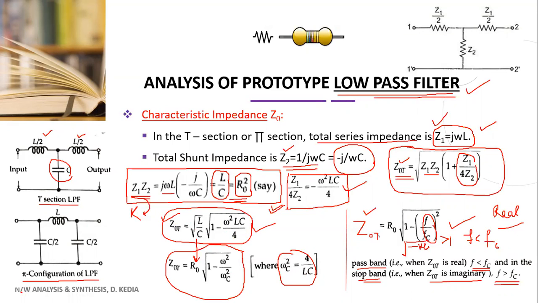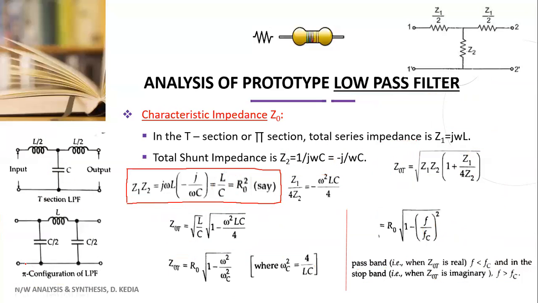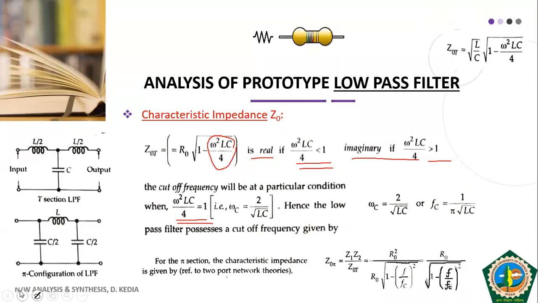Okay, so just a minute. See, this was our original expression. So here, if omega square LC by 4 is less than 1, it is real, that is pass band. If omega square LC by 4 is greater than 1, it means it is imaginary, means stop band. And what happens when it is equal to 1? If it is equal to 1, it means it is distinguishing between pass band and stop band.